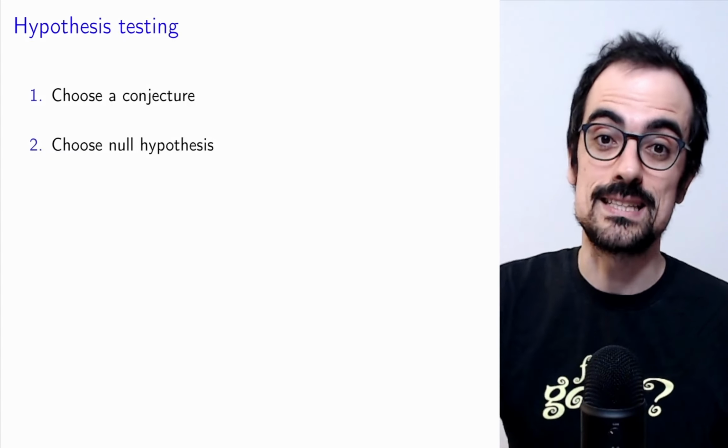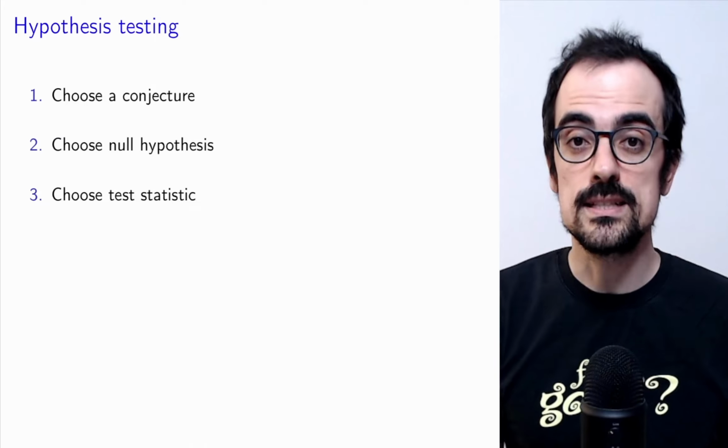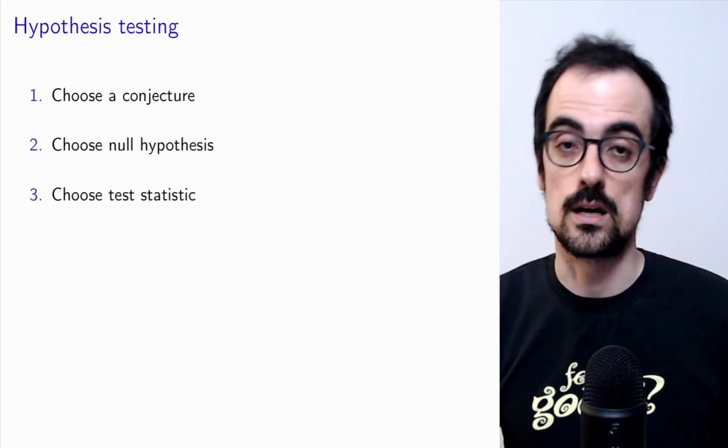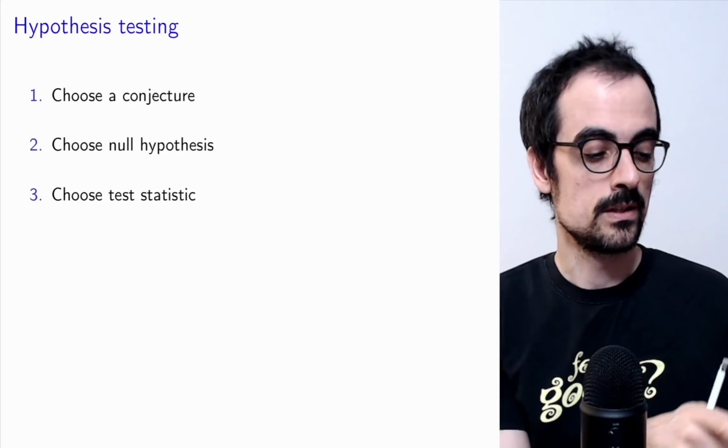We're going to talk about the power of hypothesis tests, and to begin, let's remind ourselves of how the framework of hypothesis testing works. In hypothesis testing, we begin by choosing a certain conjecture of interest. Then we choose a null hypothesis that contradicts that conjecture. We also choose a test statistic that should be large if the null hypothesis does not hold. A large test statistic is evidence in favor of the original conjecture.